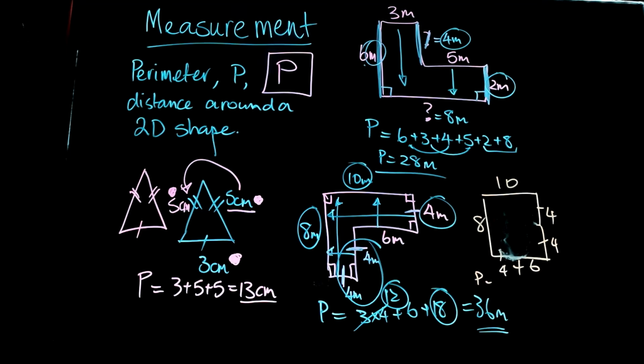I've got P equals 2 times 8 plus 2 times 10, and that's 16 plus 20 is 36 meters. So I've just demonstrated 2 different ways to think about what's going on there to arrive at the same answer.